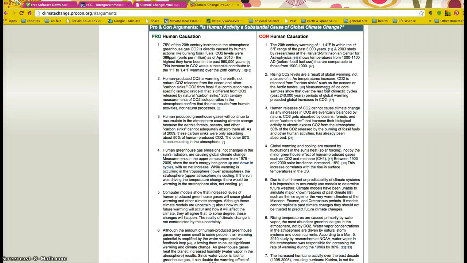So let's go to that particular tab, and it gives the point of view for human causation in the greenhouse effect, which contributes to global climate change. And it also gives the con or against point of view.